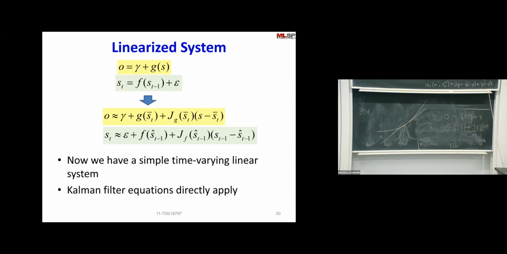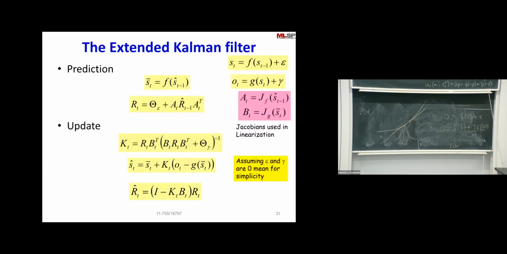And so when I linearize it, I'm going to get O equals gamma plus g of s bar plus the Jacobian times s minus s bar. And st equals epsilon plus f of s hat, which is the point at which I've chosen to linearize, plus the Jacobian times st minus 1 minus st minus 1 hat. Again, the hats and bars are not really key over here. The fact is we are expanding around a mean, right? They become relevant once we begin talking about the extended Kalman filter.